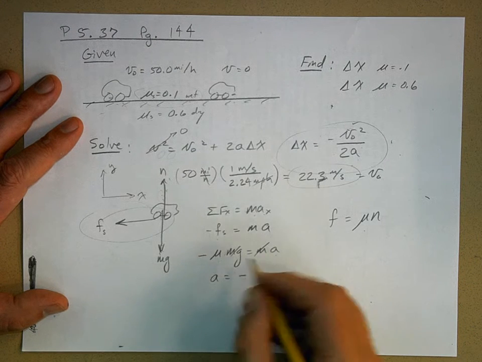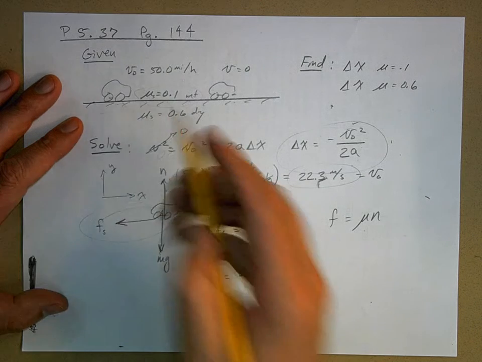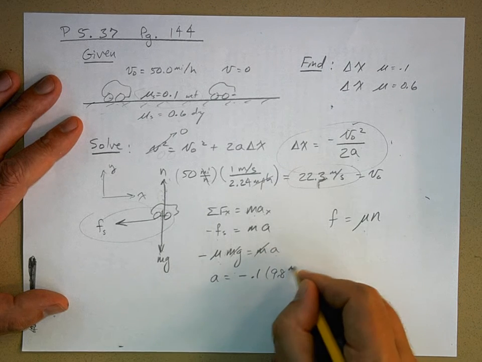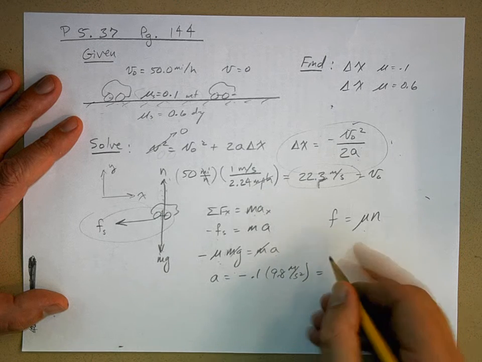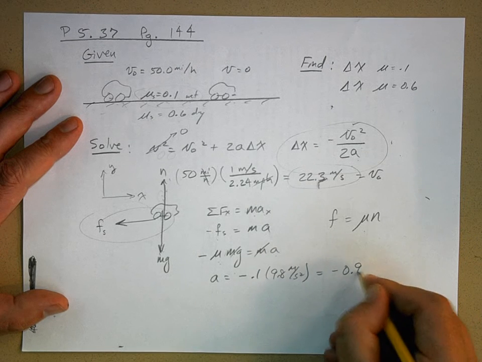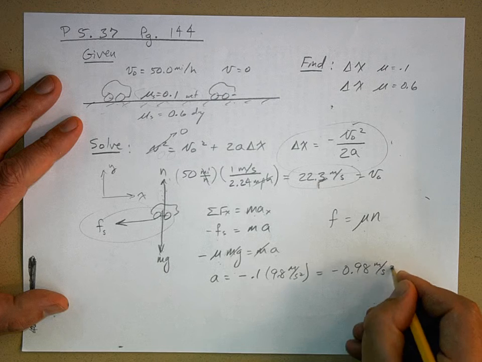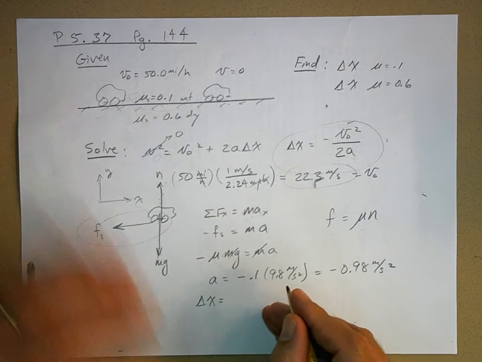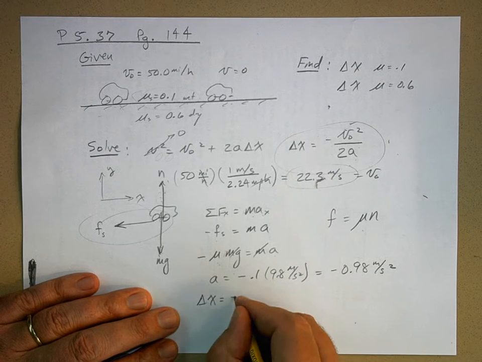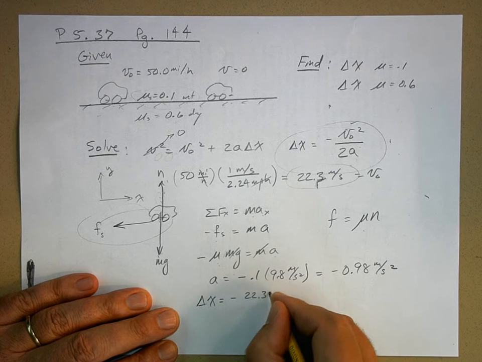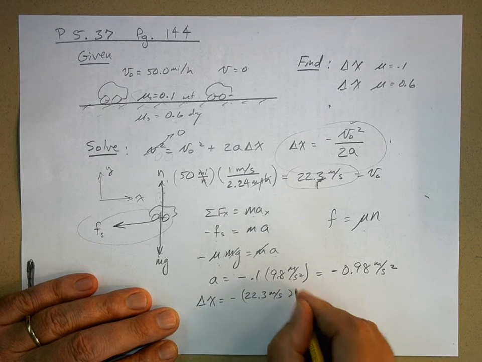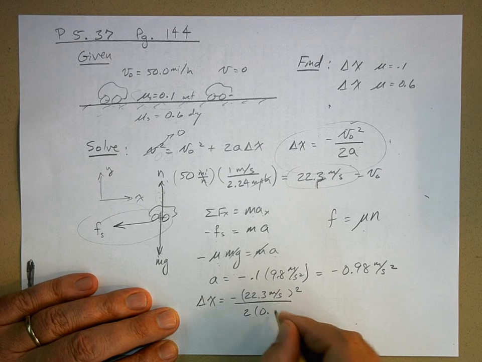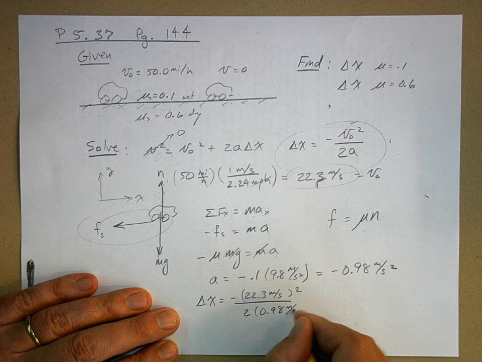This is going to be negative mu. So for the first part, it's 0.1 times 9.8 meters per second squared. Well, that's pretty easy. It's 0.98 meters per second squared. And so now delta x will be equal to negative 22.3 meters per second, squared, divided by 2 times 0.98 meters per second squared.